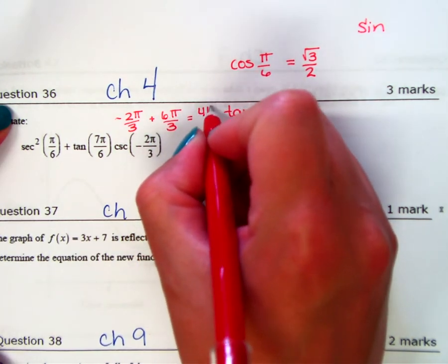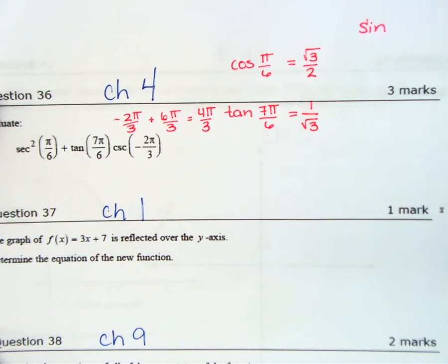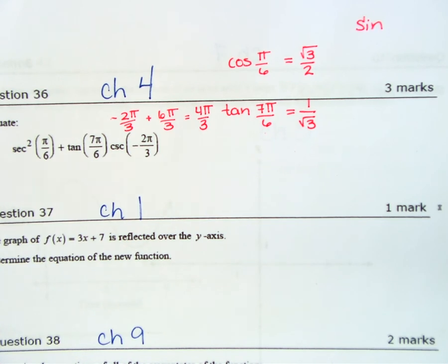But if you're switching to cos and sine, would you flip it back at the very end? I don't know what you're asking me. There is no secant and cosecant on the unit circle, so I need to find them. But are you going to flip it back in the end? Yeah.